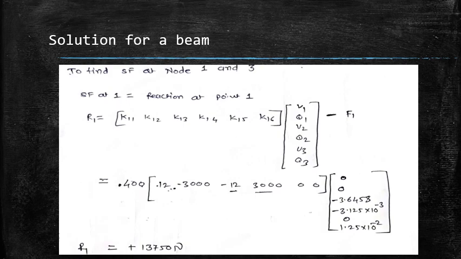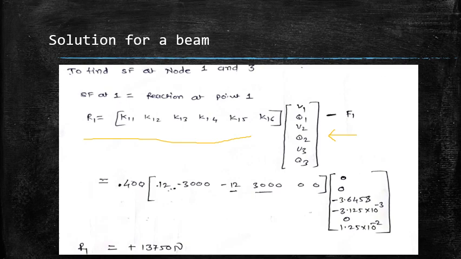Now to find the shear force at node number 1 and 3, simply we will find the vertical reaction at node number 1. If R1 is the vertical reaction at node number 1, the same will be the shear force. I hope that you are all aware of how to find reactions, because it is assumed that you all know the basic way the finite element method works.